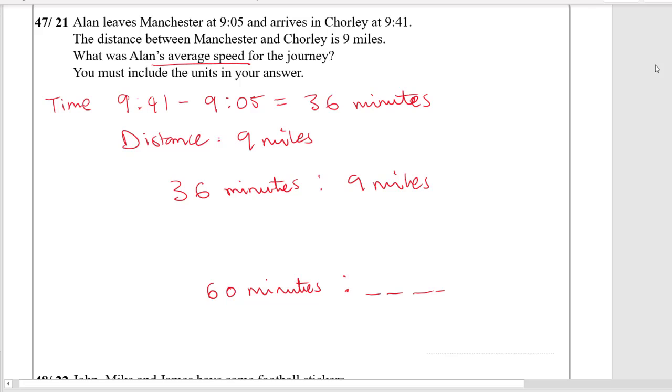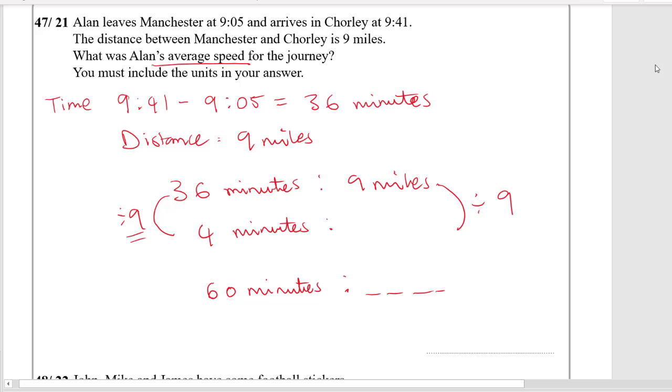Now, in order to get from 36 to 60 minutes, we can't go straight to 60, but we can divide this number by 9. That will give us 4 minutes. Okay, that means we have to divide the right hand side by 9 as well. Divide both sides by 9 because we divided the left side by 9.